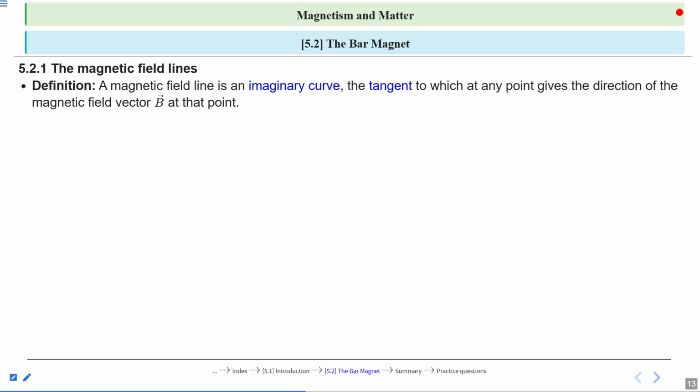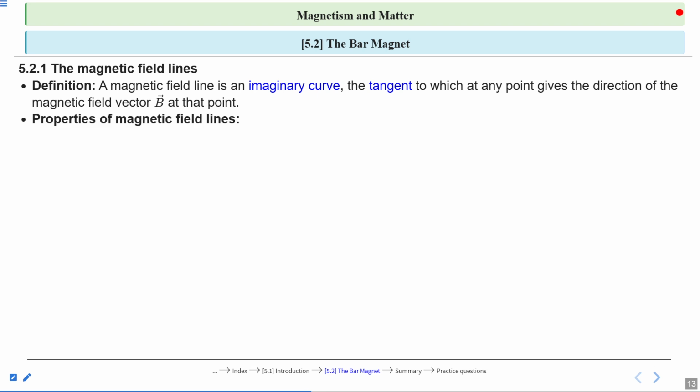So tangent to any point on this line will give the direction of the magnetic field vector B at that point, similar to the electric field. In the electric field, what is the definition of electric field lines? Imaginary curves or lines, the tangent to which at any point gives the direction of the electric field at that point. Similarly here, the tangent at any point will give the direction of the magnetic field vector at that point.